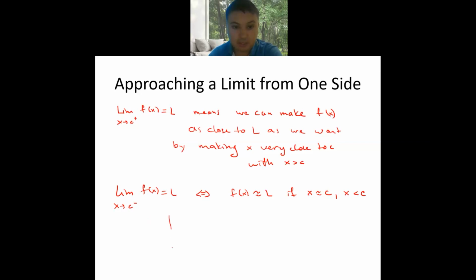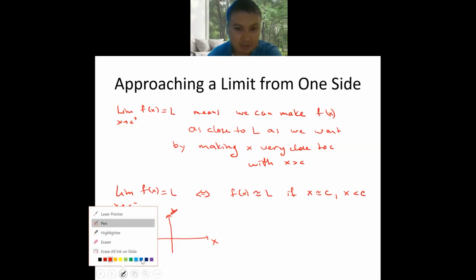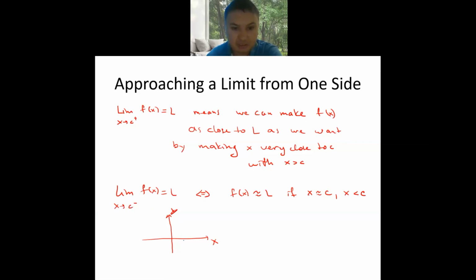Let me do a step function, with x and y. Oh, sorry, this is x and this is y. Let me pick a different color. Let's say I have some sort of a step function here. Here's my c. Let's say this is 5 and this is 2, and here's my function.